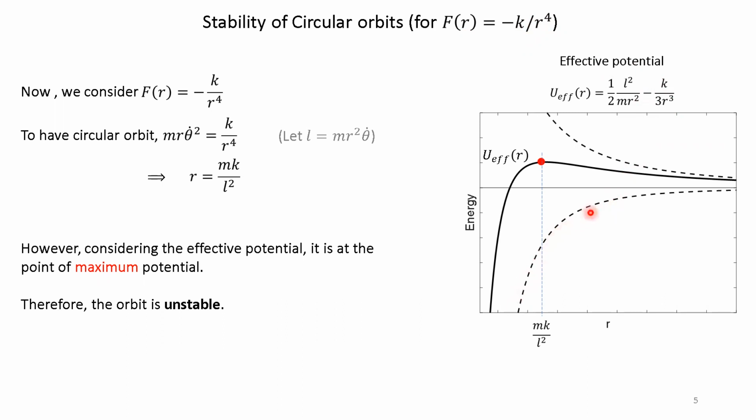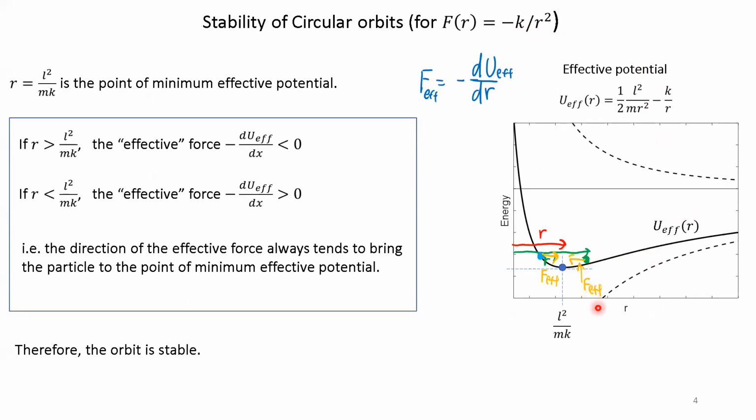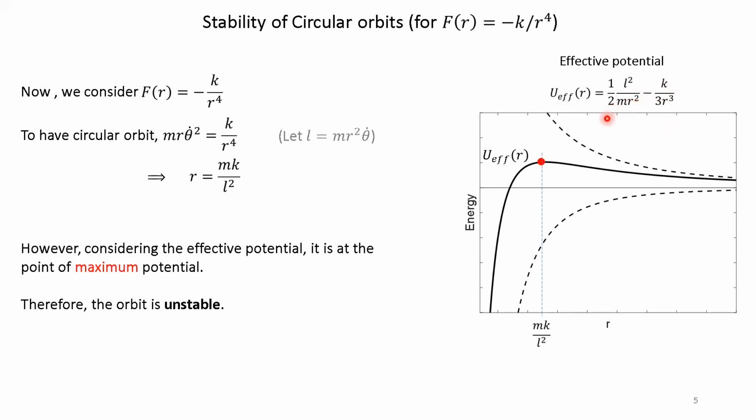So this is my 1 over r cubed, and this is my 1 over r. Because of this difference, if you add these two curves together, this time you get a solid line that looks like this.